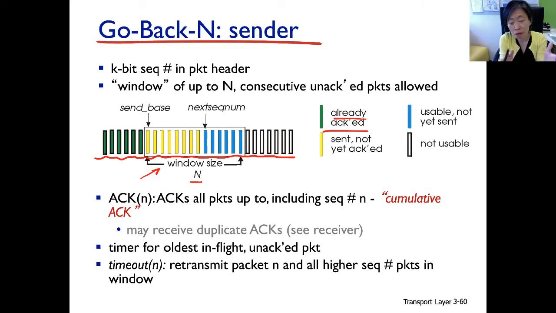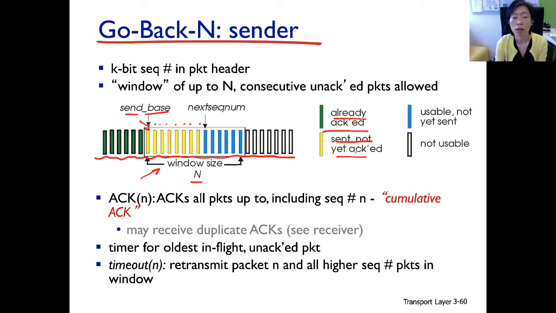This is in the middle of the sender transmission. The yellow packets, starting from here at the send base, are the first packet that has been sent out and not yet acknowledged, and there will be a number of these. So yellow ones are the packets already generated and sent, but not yet acknowledged.